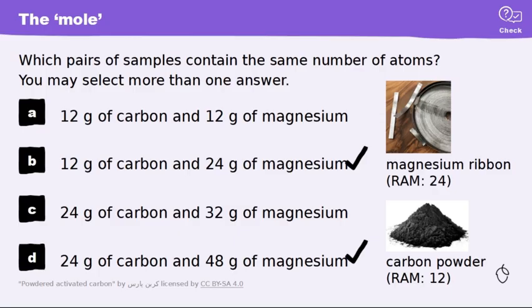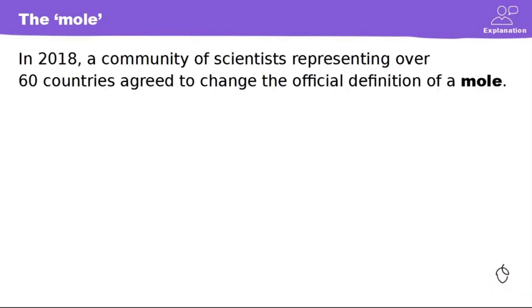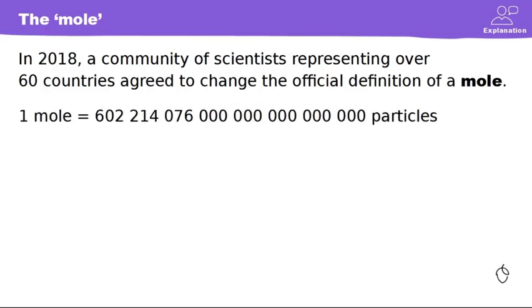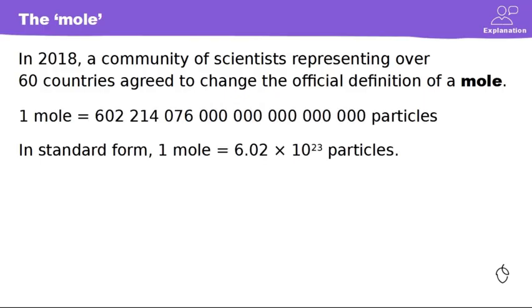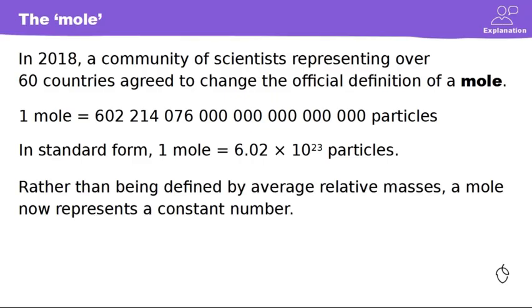Okay, so in 2018, a community of scientists representing over 60 countries agreed to change the official definition of a mole. We remember that in a mole, you've got 602 billion, 214 million, and 76,000 billion particles, which can be written in standard form as 6.02 times 10 to the 23 particles.